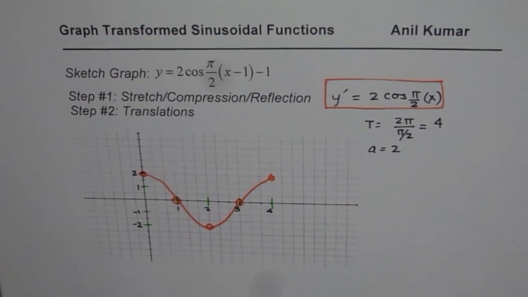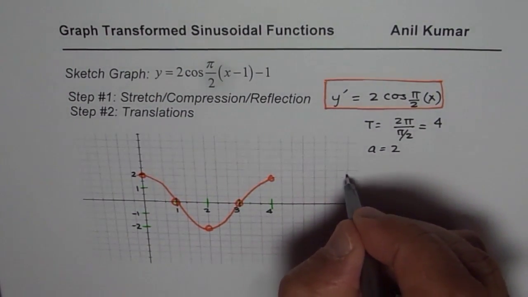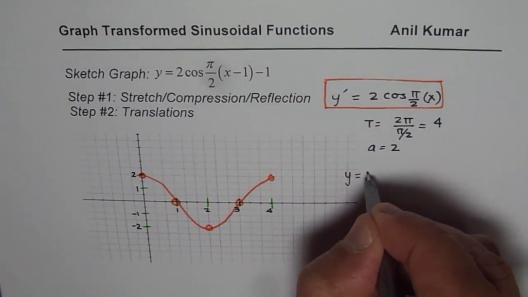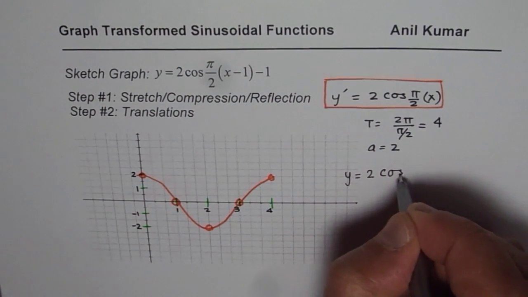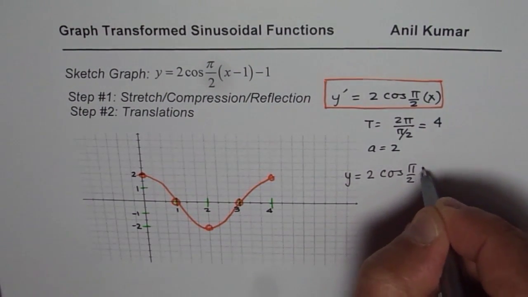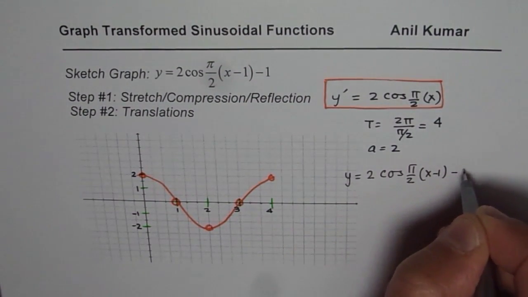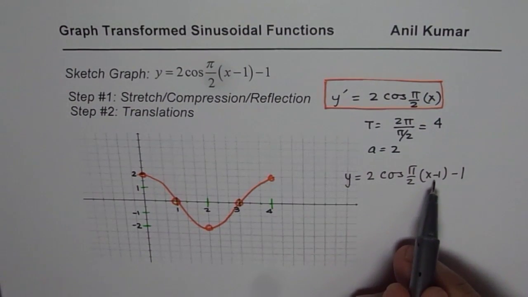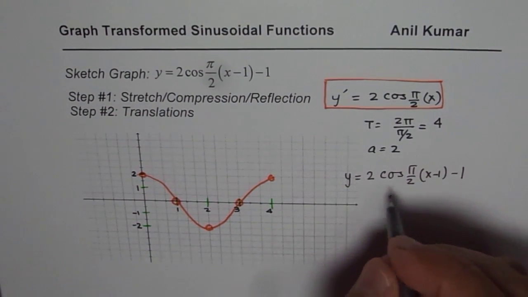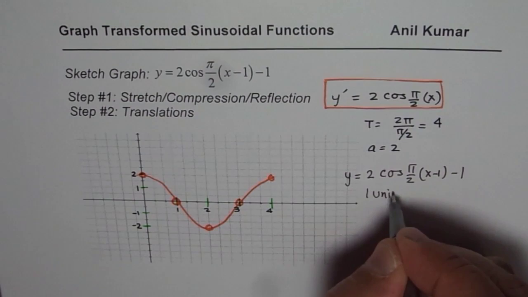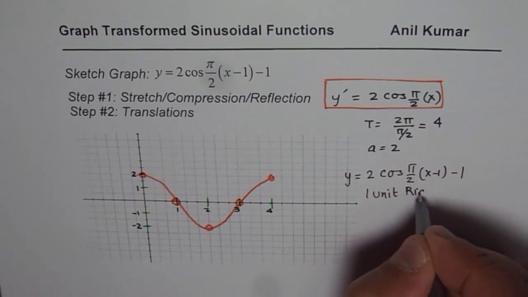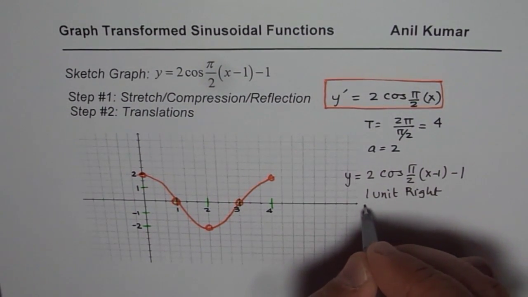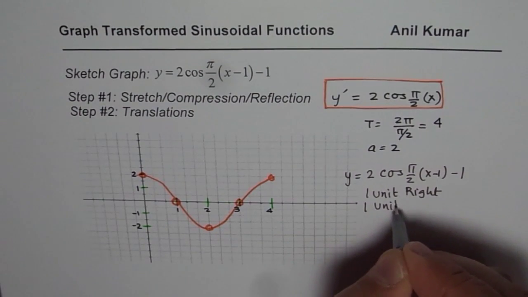Now let us incorporate the horizontal and vertical translations. So now we'll sketch our final graph, y equals 2 cos pi by 2 (x minus 1), minus 1. The translation here is that we have to move 1 unit right and 1 unit down.